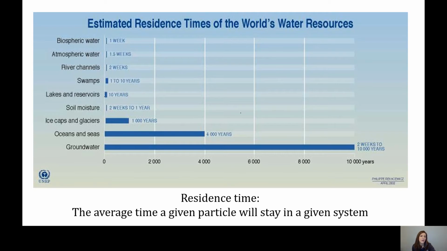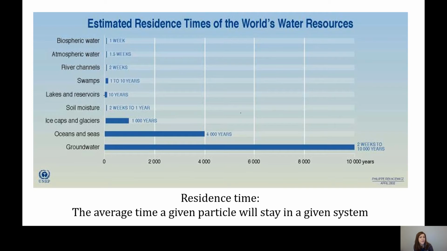But you can see here, lakes and reservoirs, much less time, only 10 years before, on average, a water molecule evaporates and leaves that location. Notice river channels, it's only 2 weeks. Soil moisture, only 2 weeks to 1 year.